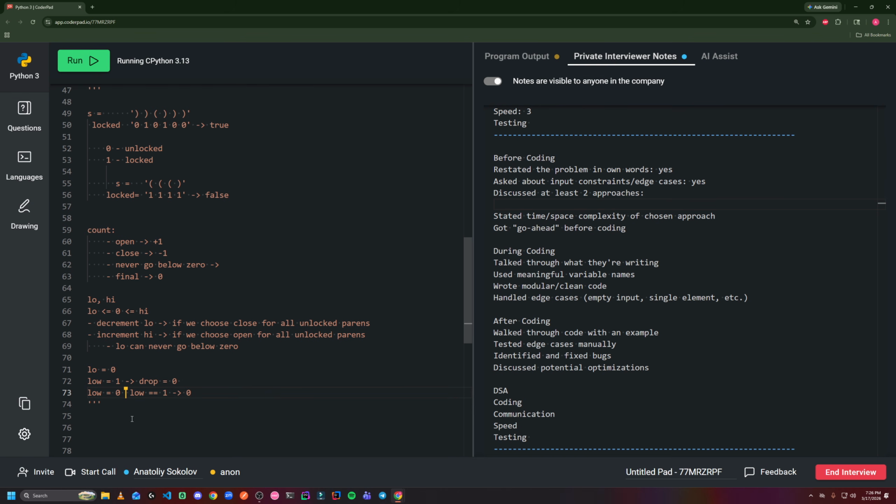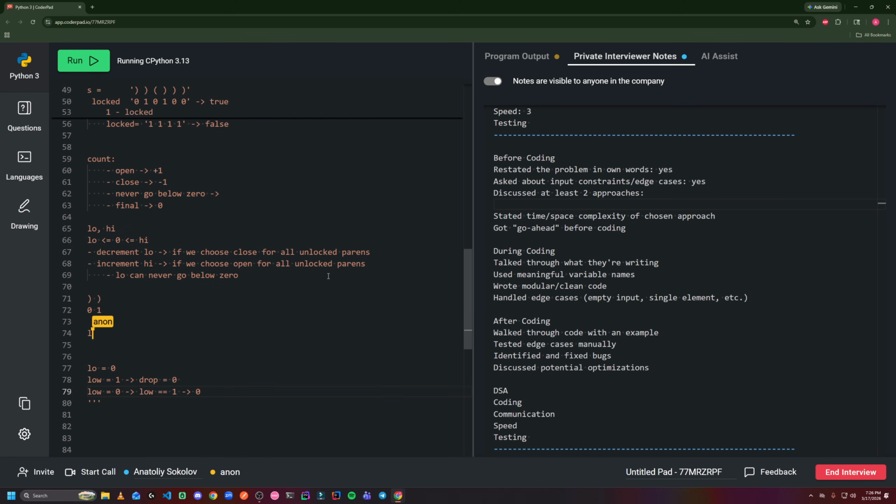That framing is a little confusing to me, because low of 0 just means 0 is the minimum possible value for low. So maybe I might try a really simple case and see if it works. If we had this, we start with low and high as 0.